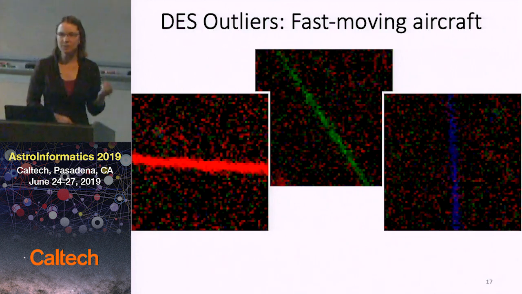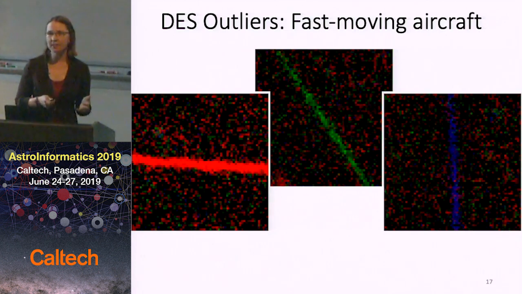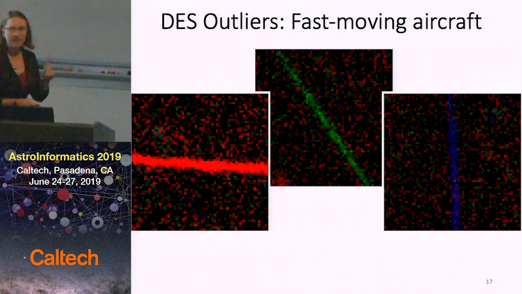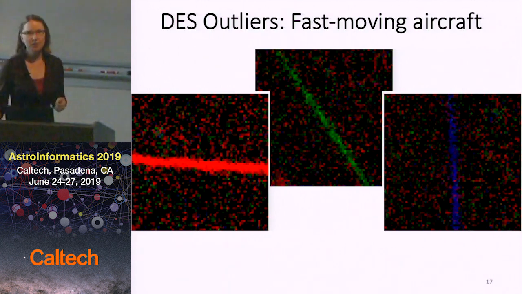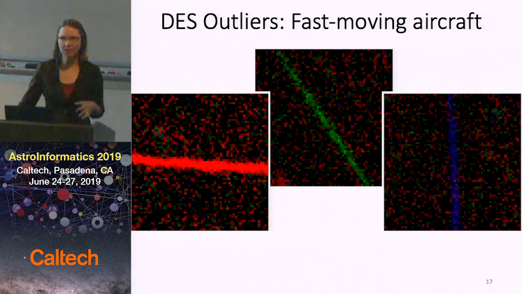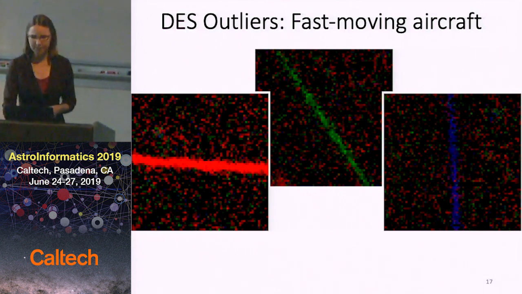It just means that at that one band, at that one time, a satellite or aircraft just streaked past the detector, and it lit up in exactly one band, which is now being visualized as that band's color, right? So these, you would ideally hope, would already have been filtered out, but we find they are still present within the data set. So it's good that we can now hopefully clean them up.